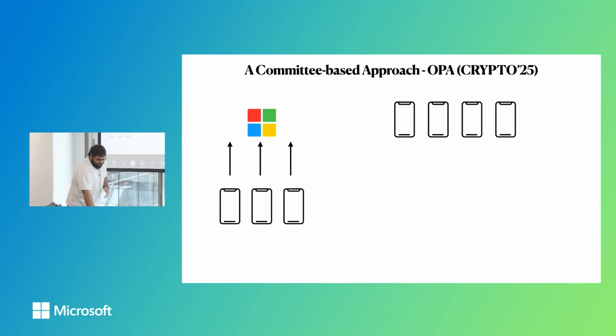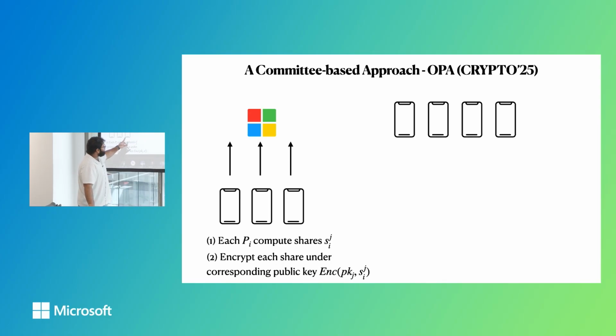What is the idea here? It's reminiscent of approach 2. You compute shares for each of the committee members, encrypt them under the corresponding committee members' keys, and send these ciphertexts to the server.